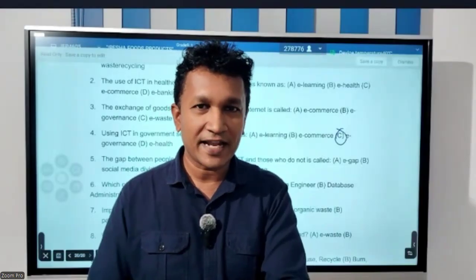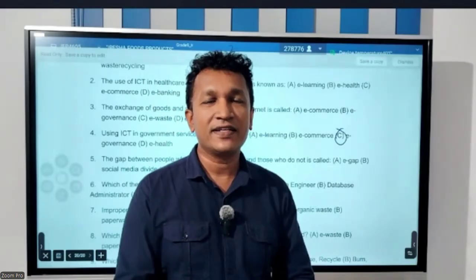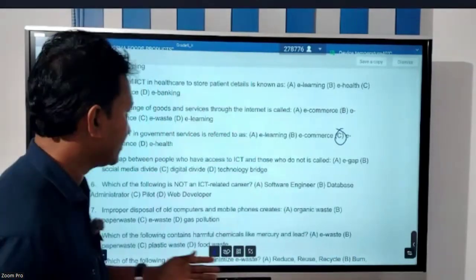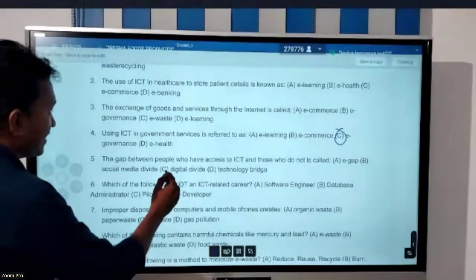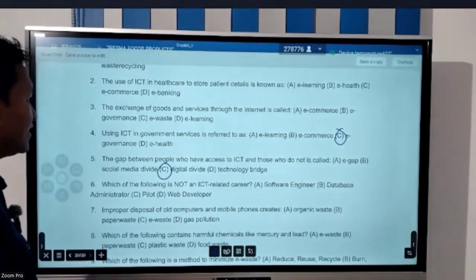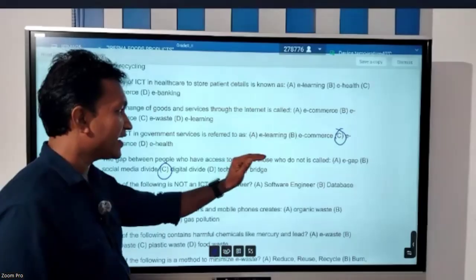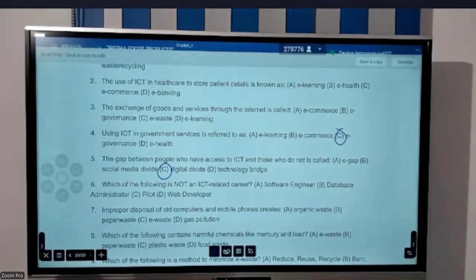That is digital divide, they are digitally divided. Good. Therefore, the answer is C, digital divide. The gap between people who have access to ICT and those who do not is called digital divide. Right?